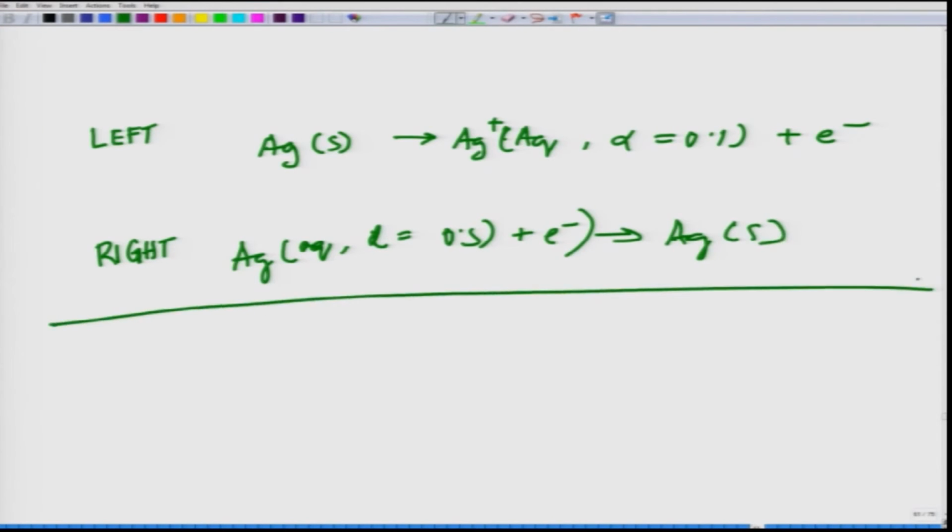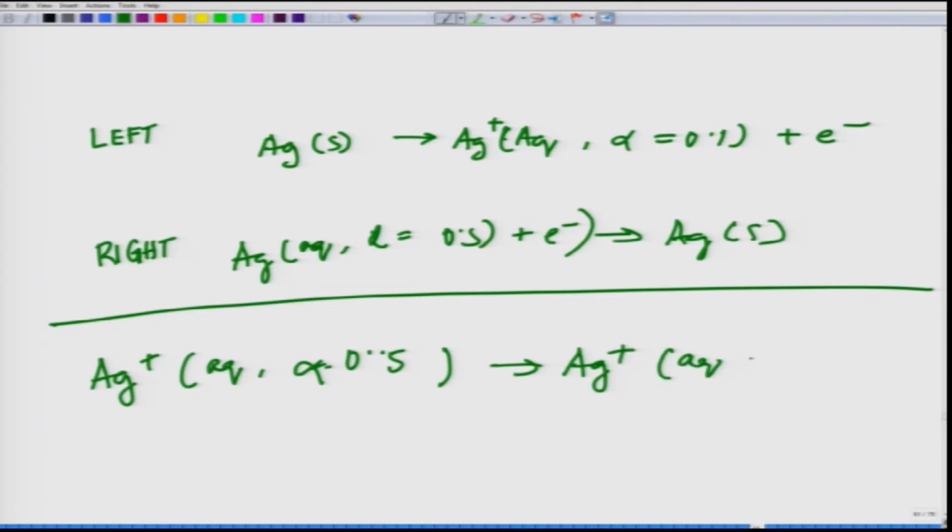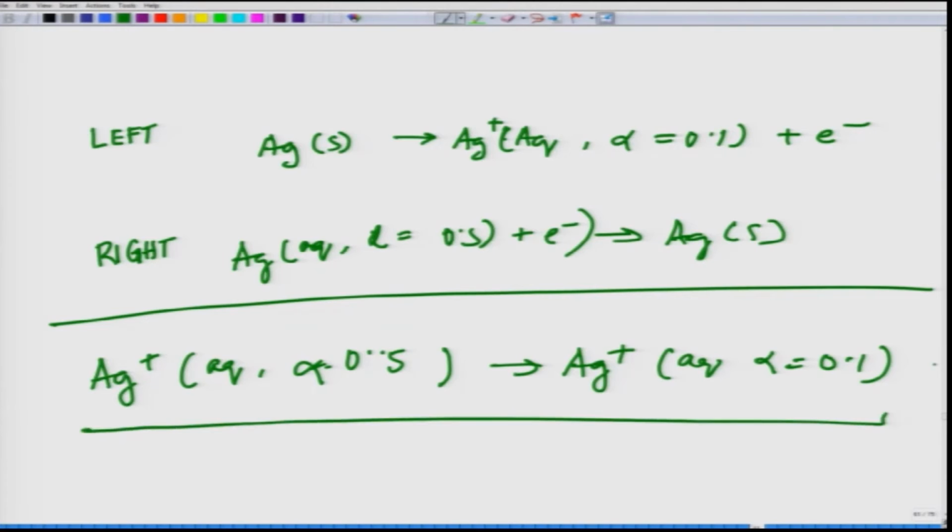So the overall reaction, if you add both of them, is Ag plus aqueous 0.5 giving Ag plus aqueous concentration 0.1.